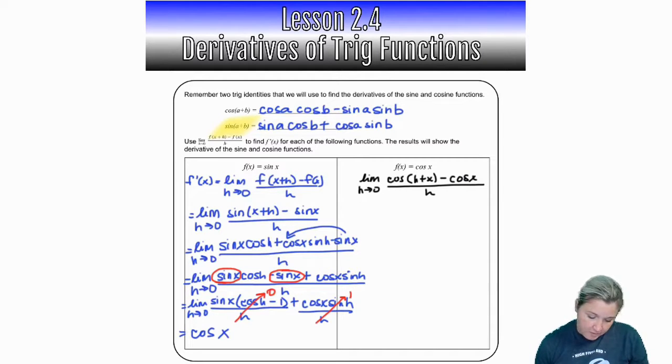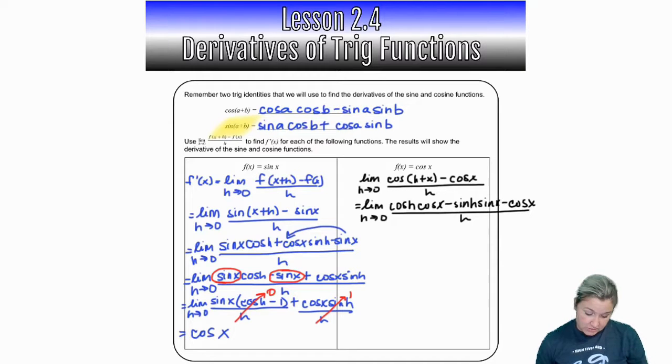And so therefore, I'm going to rewrite that with the trig identity that we talked about at the very beginning. So this is going to be cosine h cosine x minus sine h sine x, and then minus cosine x divided by h.